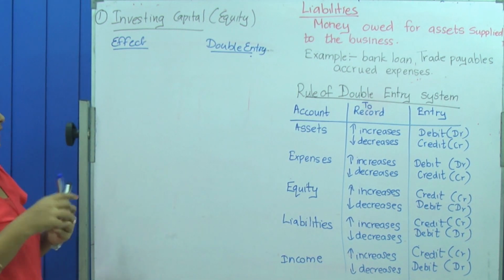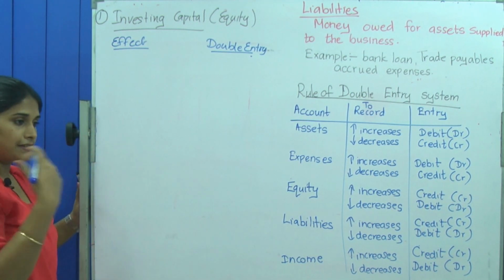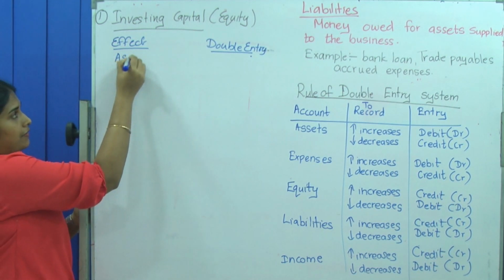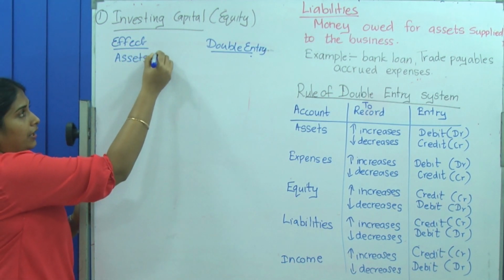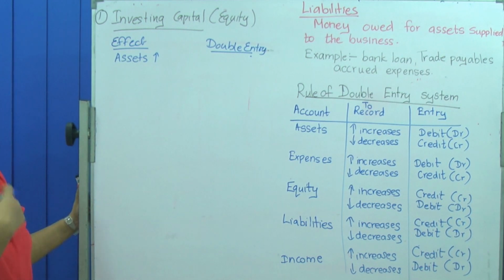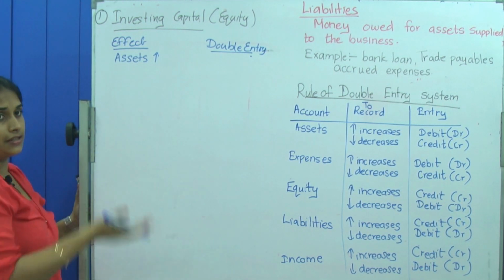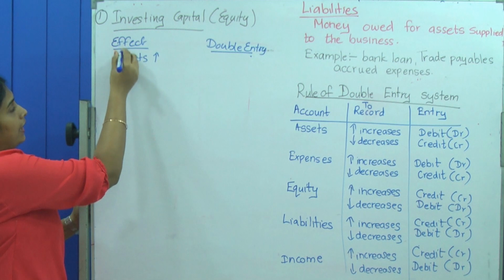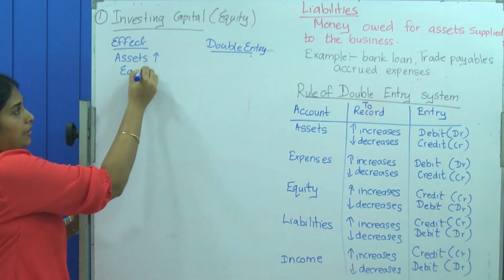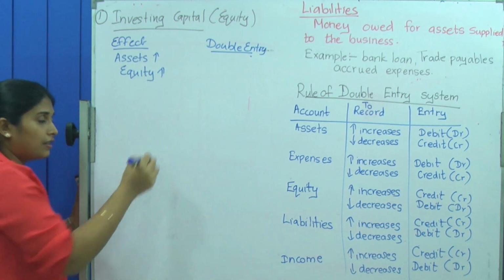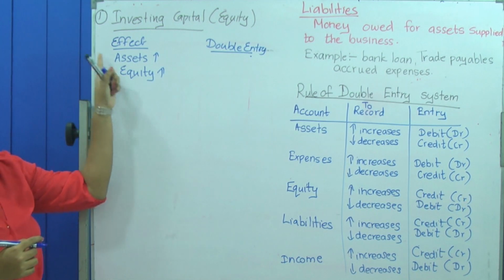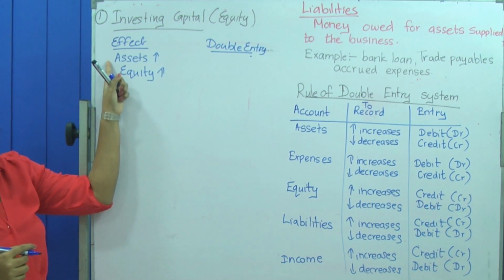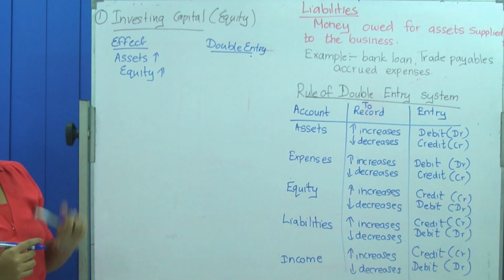For example, if you start the business by investing cash, then the cash asset increases, as well as the equity increases.